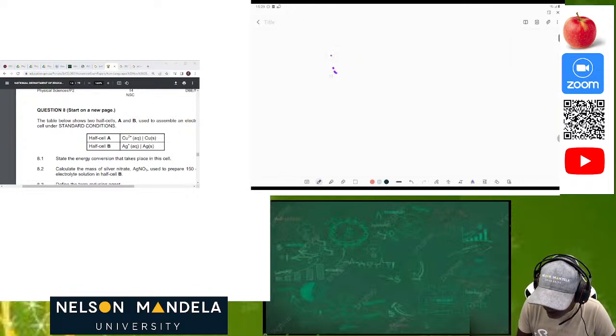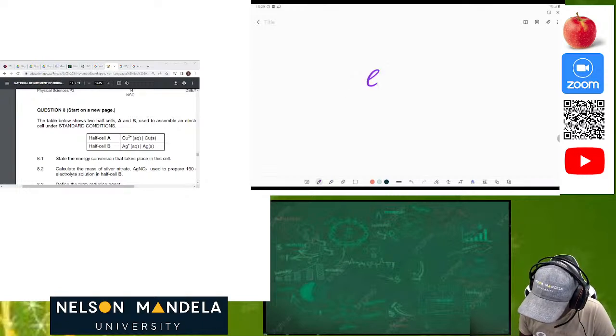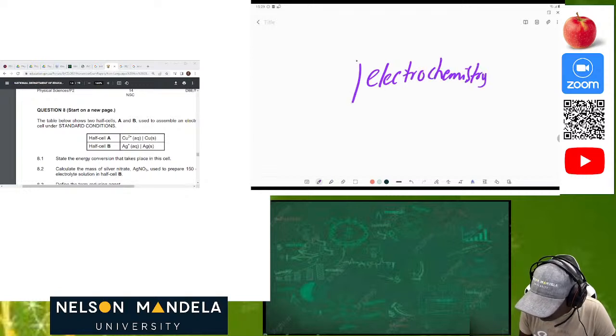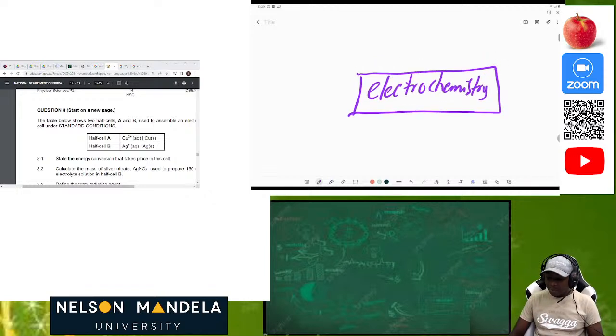Okay, great. Sorry about that. So when we are talking about electrochemistry, let me do a mind map, which is electrochemistry. When we're writing our essays, we always start with a mind map. So the mind map which I had prepared for you for electrochemistry is this one.